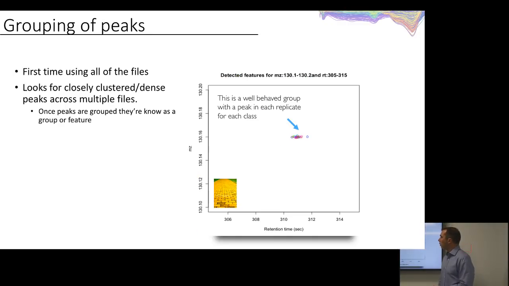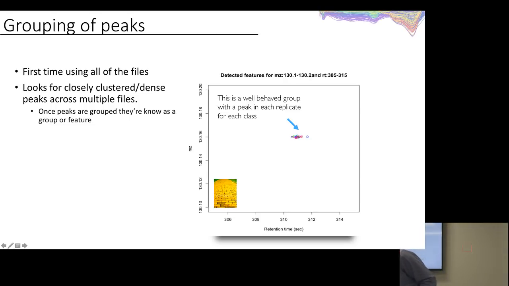So then once we have all of our different peaks, we know where these peaks are in our data sets, each file individually. We want to start to say, I know that this peak is the same as another peak in different files. And so I'm going to start doing this. I'm going to do an overlay and check if they're very close to each other in both retention time and mass over charge.